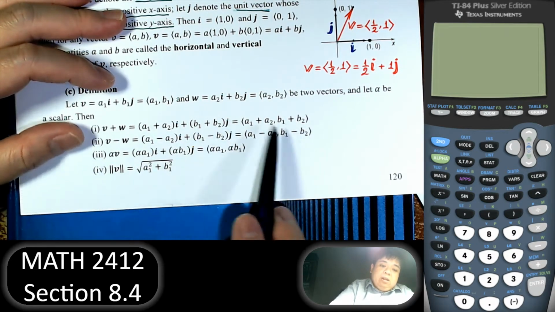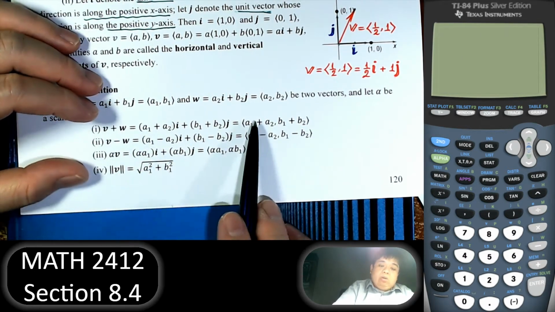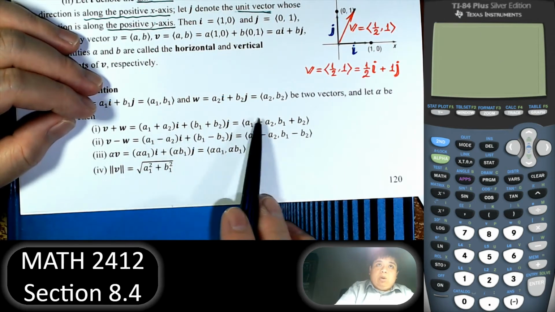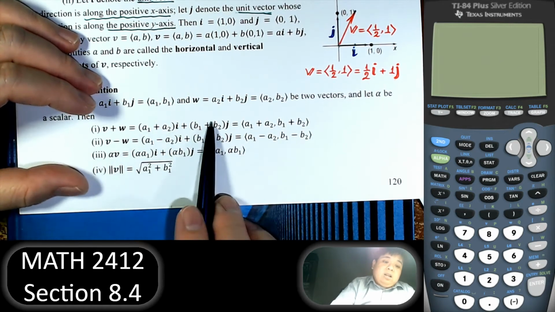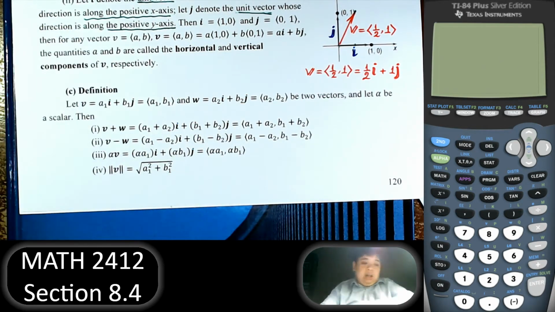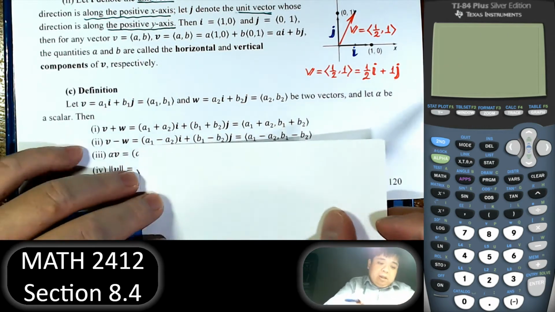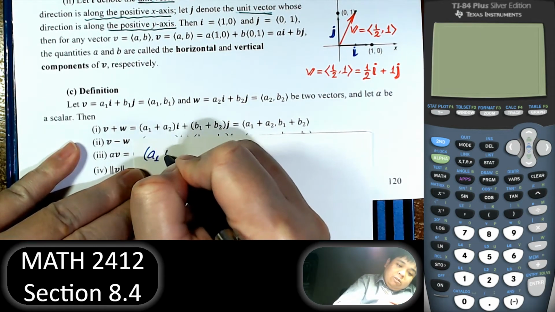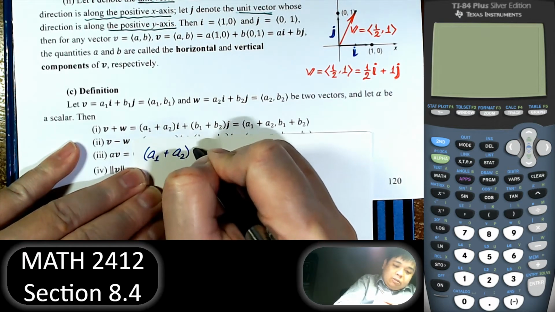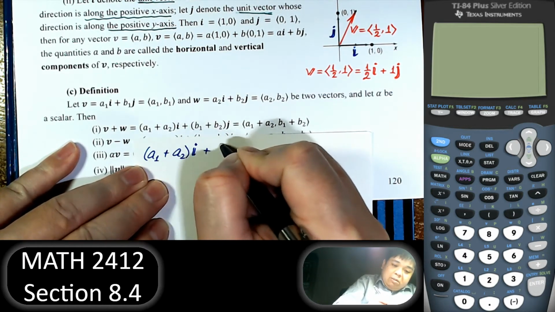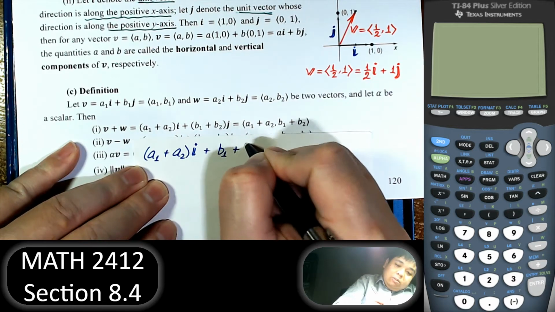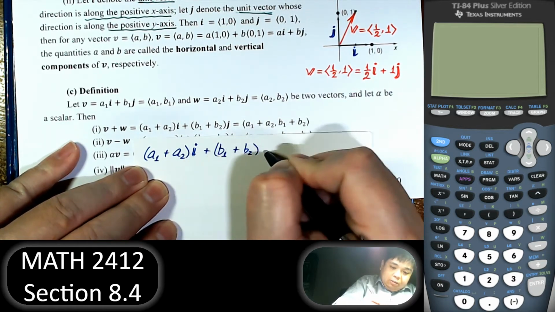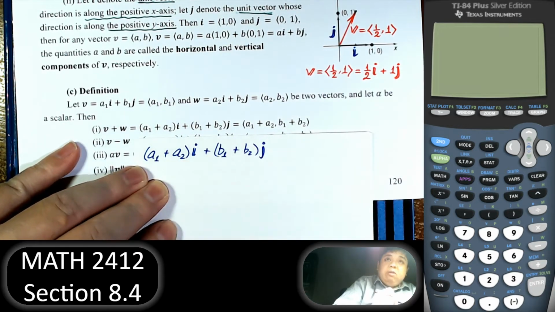When we add them, we can just add the first component with the first component, the second with the second. The nice thing when we write it in ij, in the component vector form, is let's say (a1 plus a2) times vector i plus (b1 plus b2) times vector j.